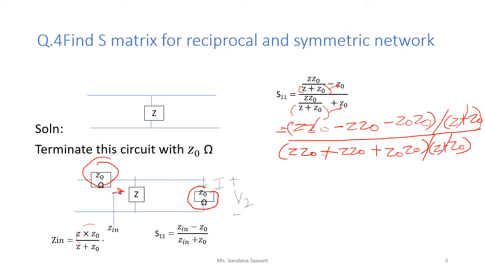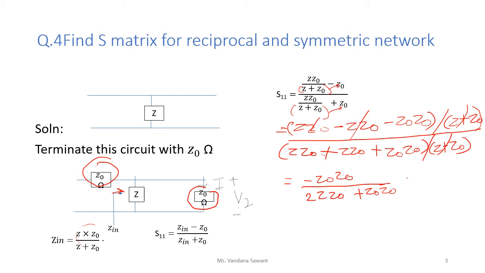Z into Z0, Z minus Z into Z0, so those two will also get cancelled. So the remaining will be minus Z0 into Z0 divided by Z Z0 plus Z0 Z0, that is twice Z Z0 plus Z0 into Z0.